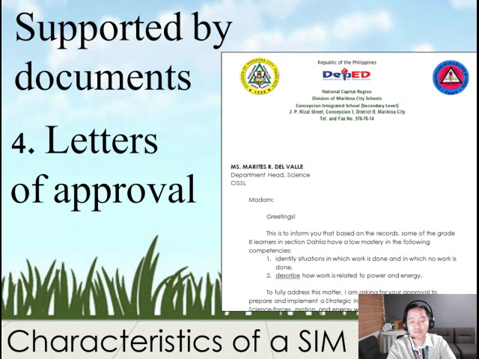Once you have your approved and signed least master skills, you have to prepare letters of approval. The results of your assessment have to be communicated with your school head, your department head, or master teachers before you conduct and implement your strategic intervention material. Once approved, you're good to go.